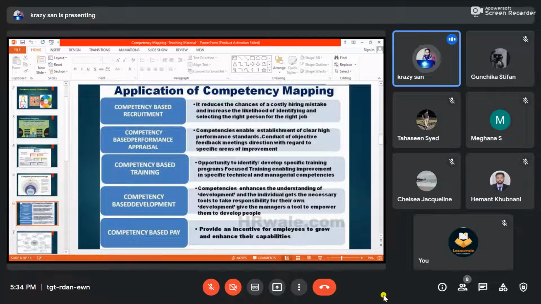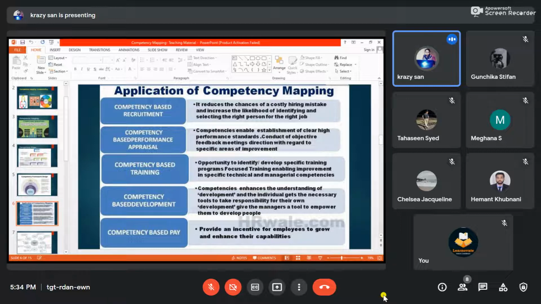So there you give your human resources an opportunity to understand and focus on the training, and after training you evaluate them, or you identify what particular thing the employee can do, or whether the employee needs another specific training or not. It means the opportunity to identify and develop a specific training program, enabling improvement in specific technical and managerial competency.